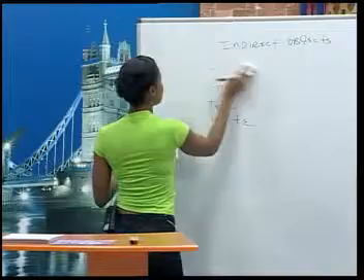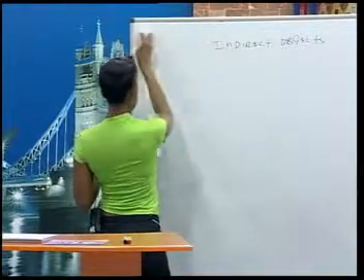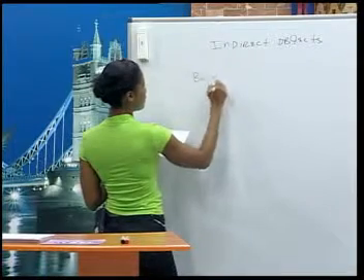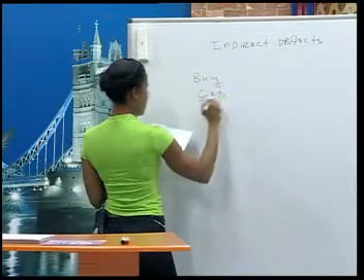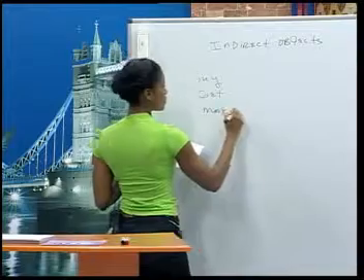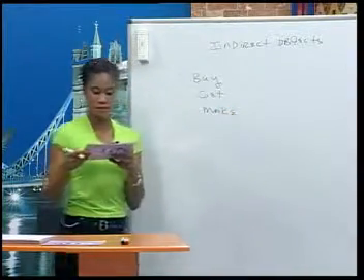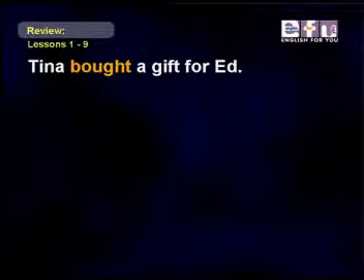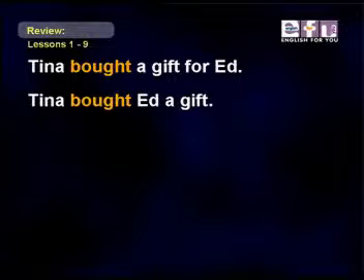Okay, now with other verbs such as buy, get, and make, there are two possible patterns. Let's look at these. Tina bought a gift for Ed. Or you can say, Tina bought Ed a gift.